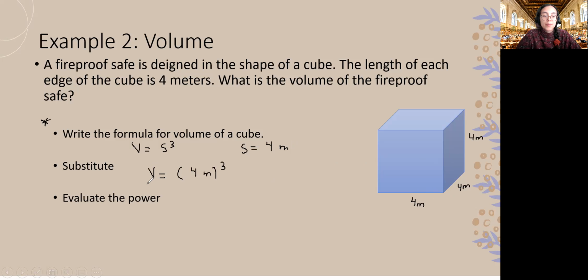Now we can evaluate this. So I'm going to write volume is equal to 4 times 4 times 4 times meters cubed. And this will actually give me 64 meters cubed. So this is the volume that this fireproof safe will take up in 3 dimensions. Okay, our length, our width, and our height. Okay, so we're going to move on.